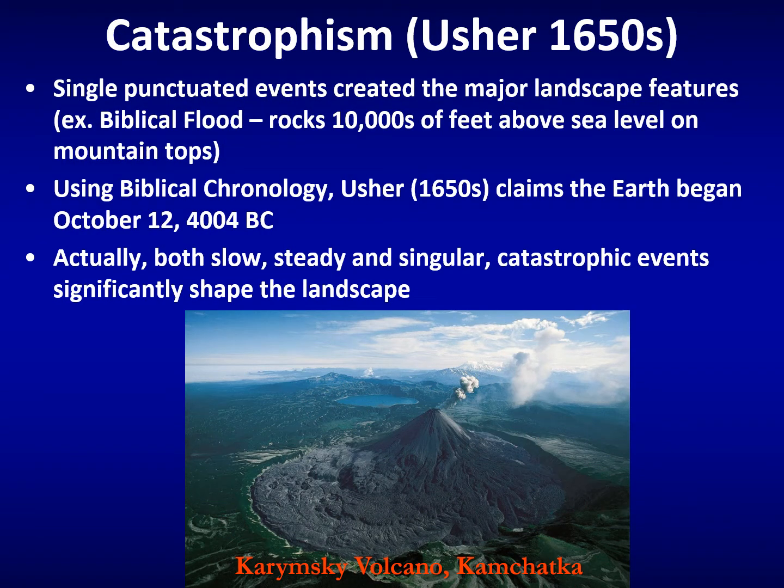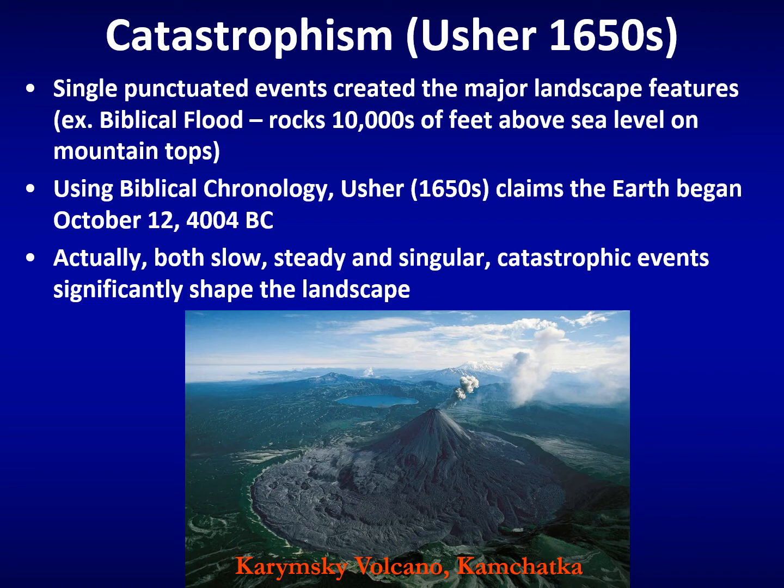Hutton's ideas were in contrast to other popular ideas at the time, called Catastrophism. Bishop Ussher is often credited with this type of thinking, in that the Earth began with abrupt, catastrophic sorts of formations, and that would be based on a biblical chronology.